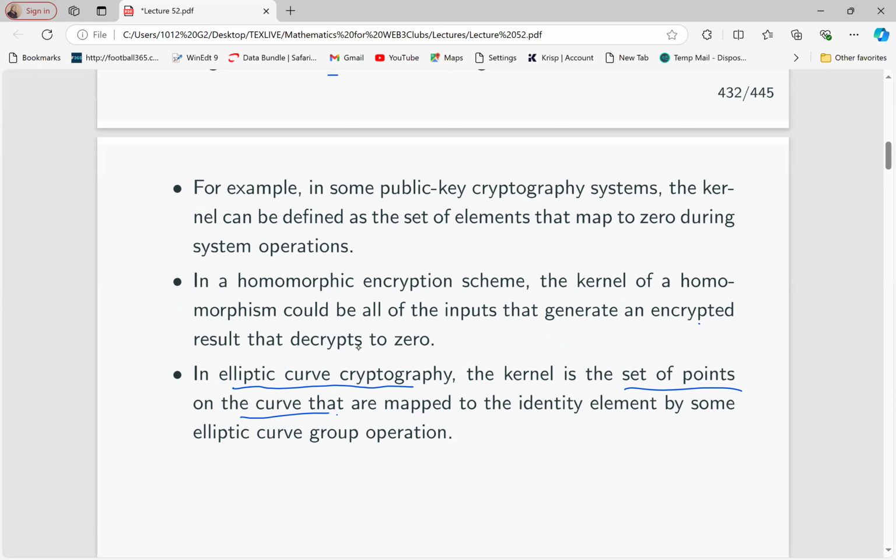You have the elliptic curve, and the elliptic curve has points, and now you want to map these points to the identity element. The identity element in the elliptic curve is infinity. When we're looking at the elliptic curve, you'll know what the identity is. You see, an elliptic curve is just a group.